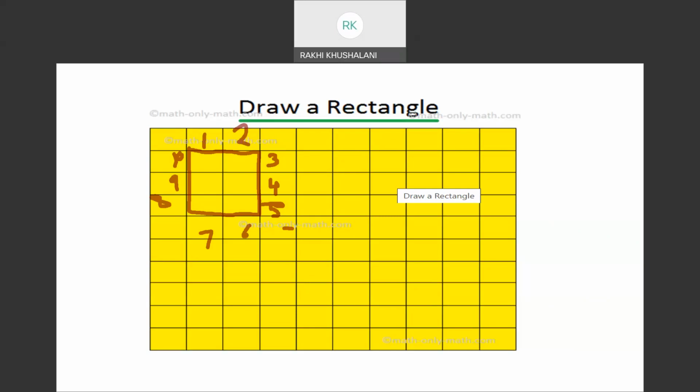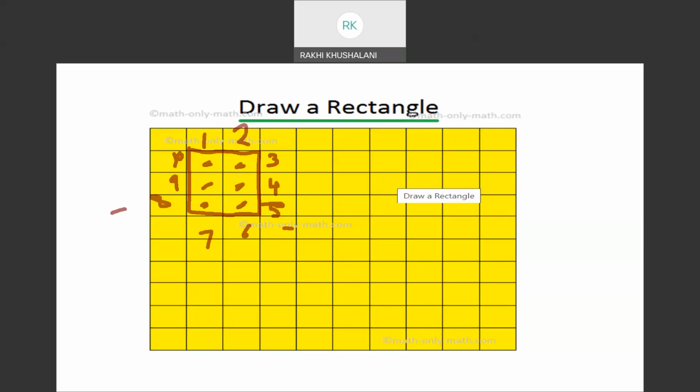Now, if I want to find out the area of this particular shape, so 1, 2, 3, 4, 5, 6 square units is the area of the rectangle.